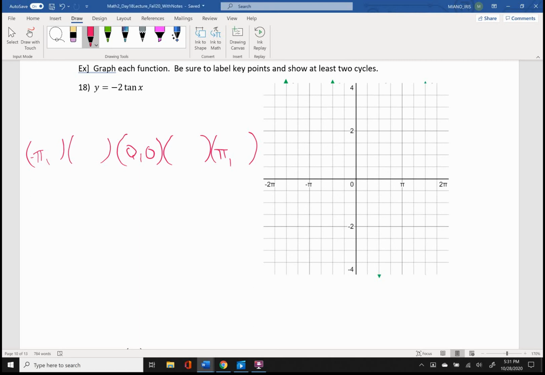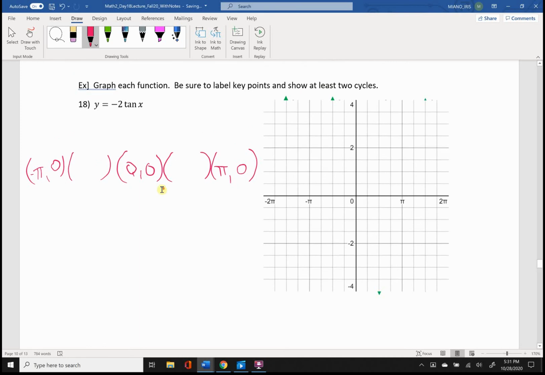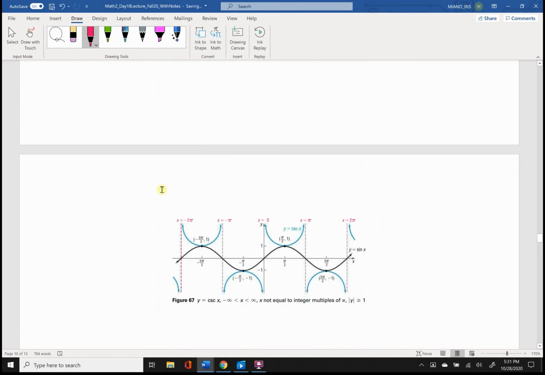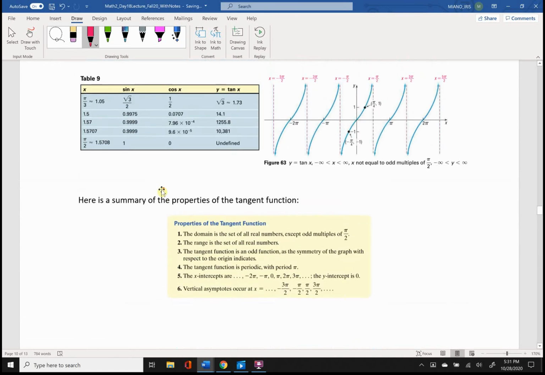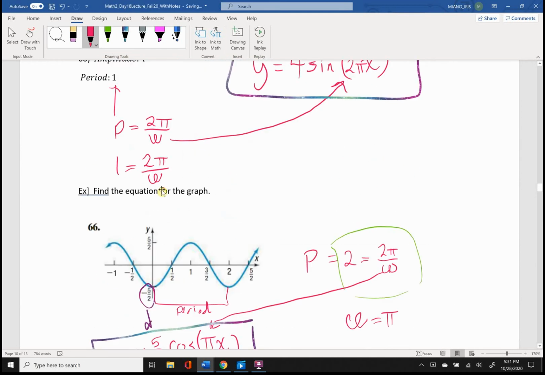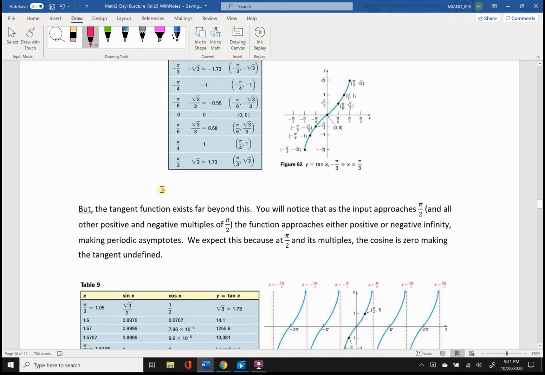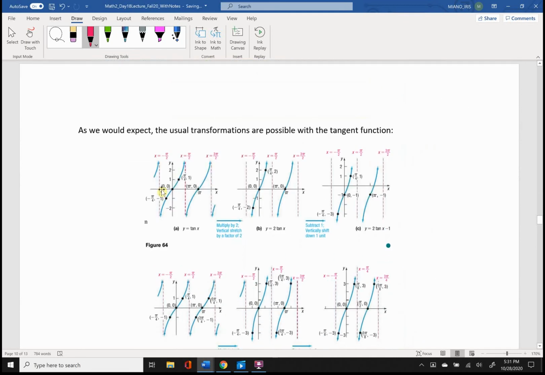Sorry, we want to have these be where they cross the x-axis, there and there, and then these positions are going to be akin to these critical points here. Sorry, let me just scroll back to the tangent. I got myself a little bit turned around with this stuff. There we go. So we're talking about these right here.